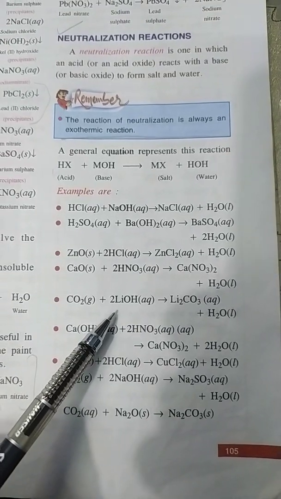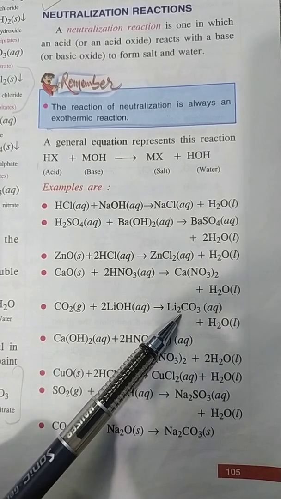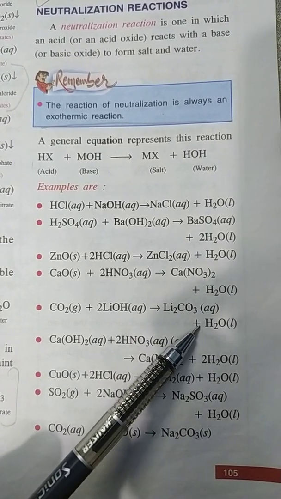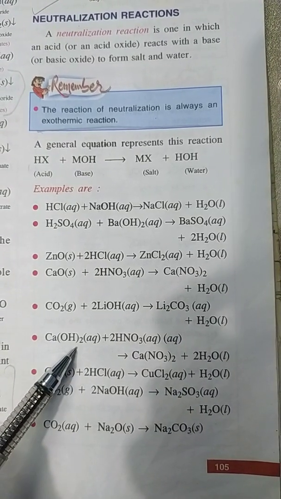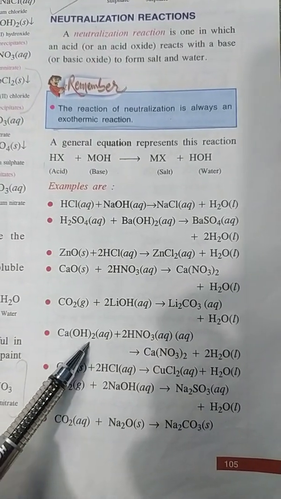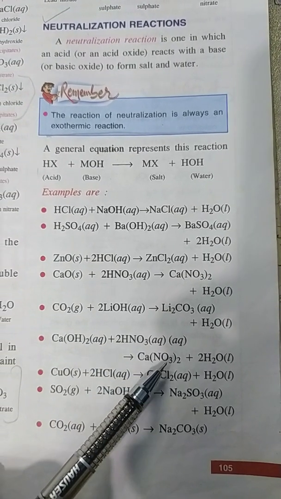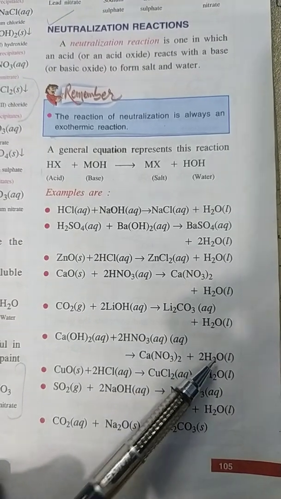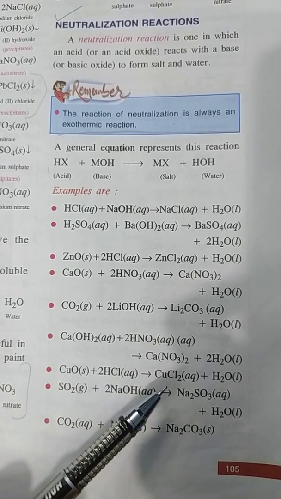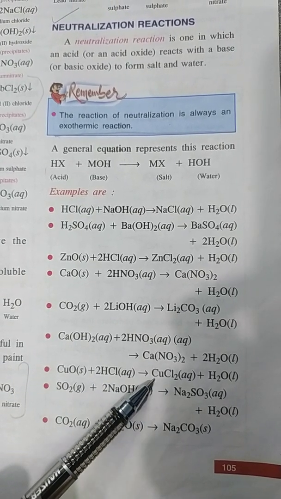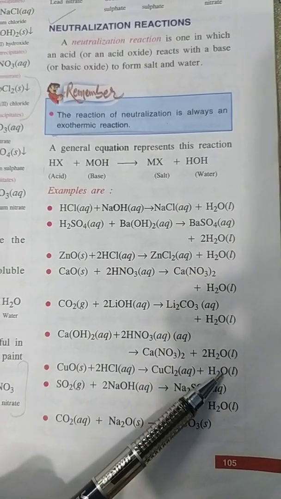Then carbon dioxide combines with lithium hydroxide to give lithium carbonate, a salt, and water. Then we see calcium hydroxide, which is a base, combines with an acid, nitric acid, to give calcium nitrate, which is a salt, and water. Copper oxide combines with HCl, hydrochloric acid, to give copper chloride, which is again a salt, and water.